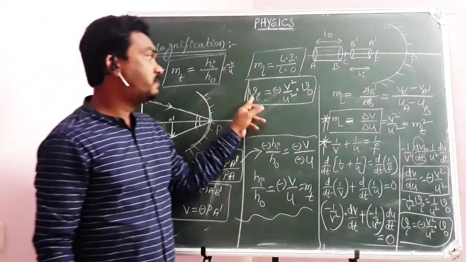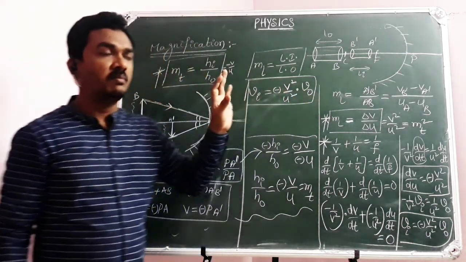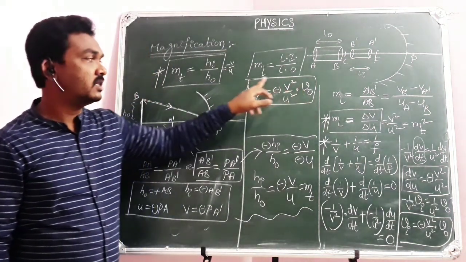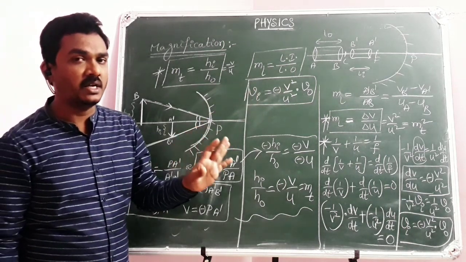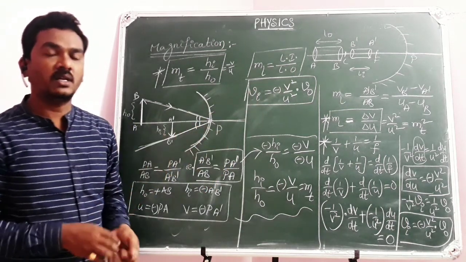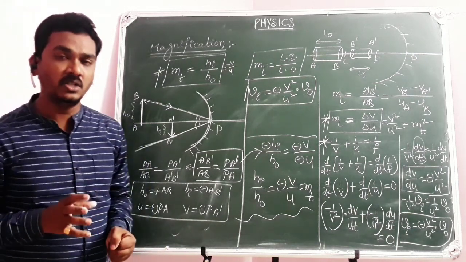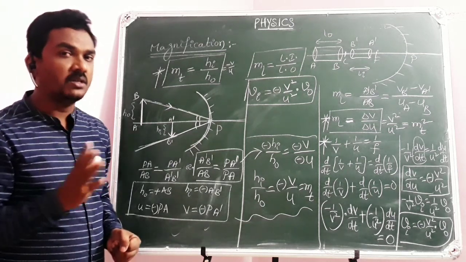Next, image speed equal to minus V square by U square into object speed. Minus indicates that the direction of motion of object and image will be in opposite directions. So in this class, we have dealt with the more mathematical part, the derivations of the mirror formula and magnification.